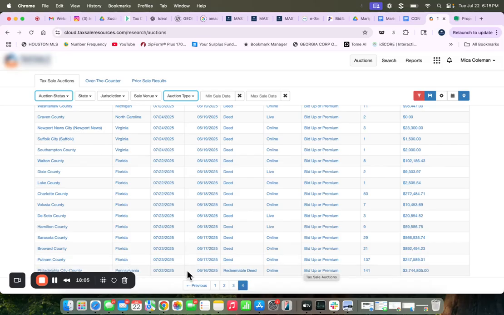And their auction starts today, actually. So there will be a nice little overage list. But alert, it is a redeemable deed state, so you kind of have to wait until the redemption period is over before you could collect on overages. So this one might be an ideal one. This is like 3.7.